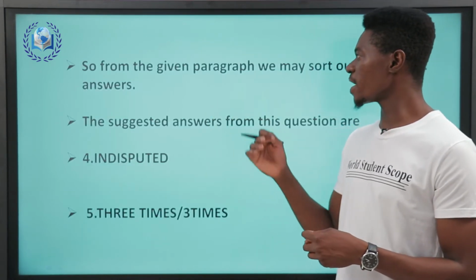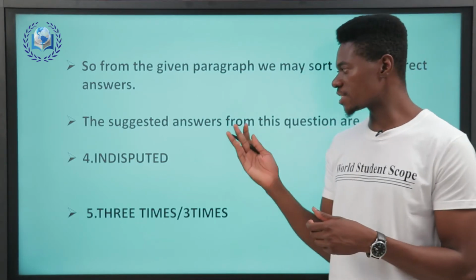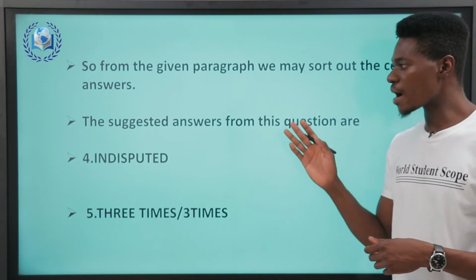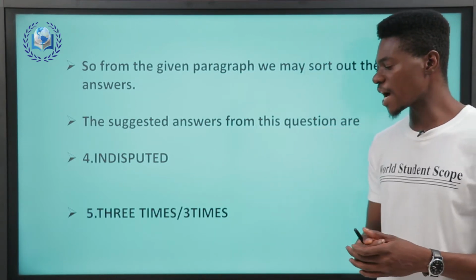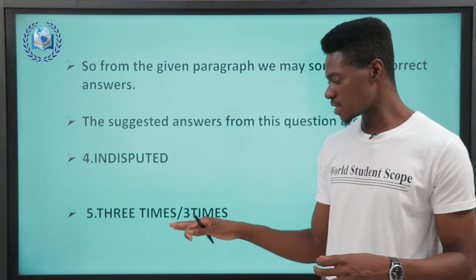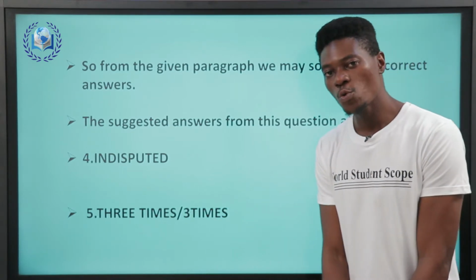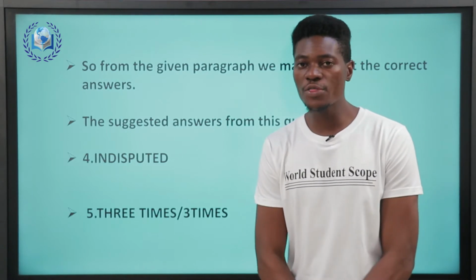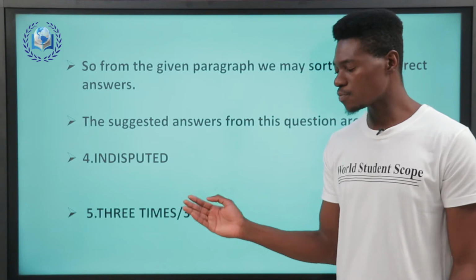So from the given paragraph, we may sort out the correct answers. The suggested answers for this question are 4, indisputable, as we solved, and 5, 3 times. You may write 3 times or 3 times as a number. But remember, we were told not more than 3 words. So the rule has been observed.